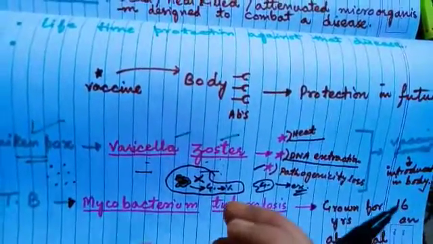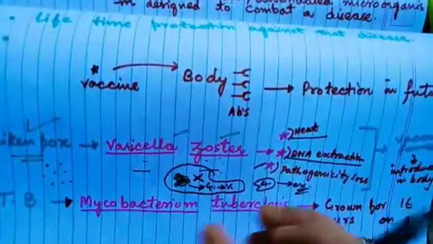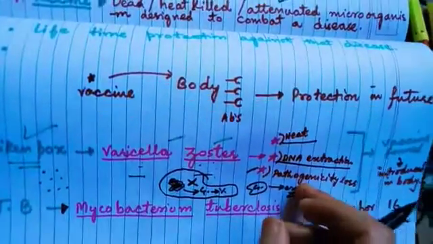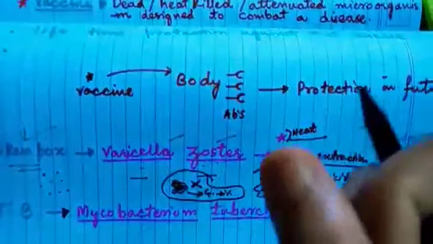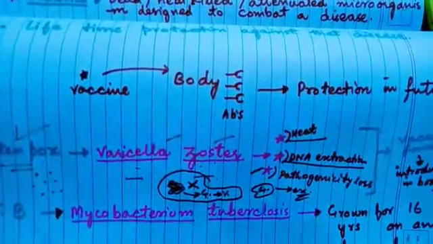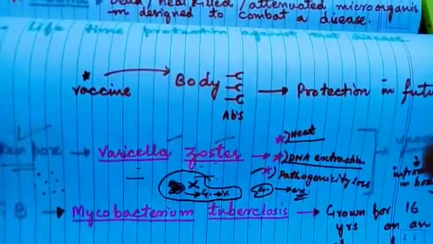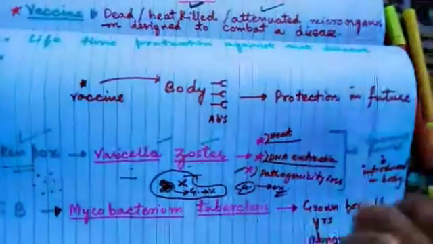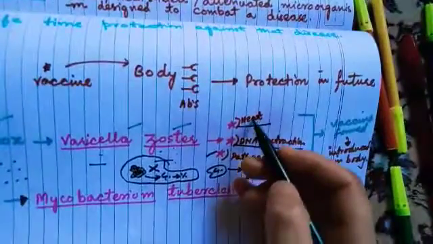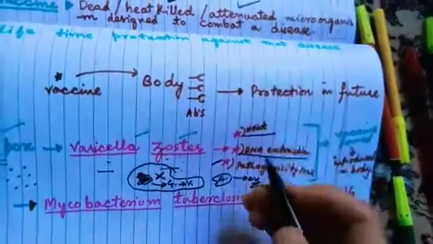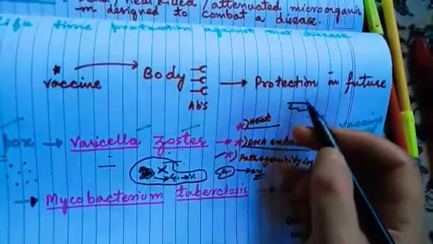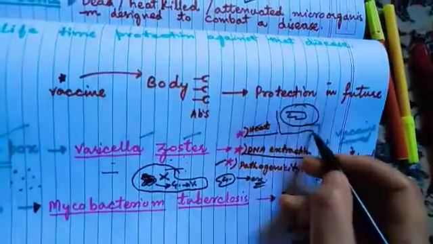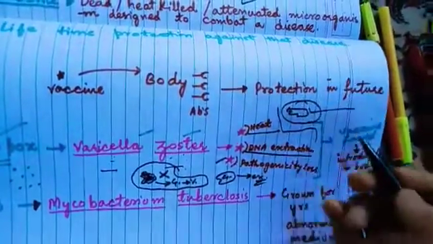We take this microorganism or virus particle, decrease its pathogenicity, and eliminate its ability to cause the disease. When all these mechanisms are done, what remains after these processes is called a vaccine.